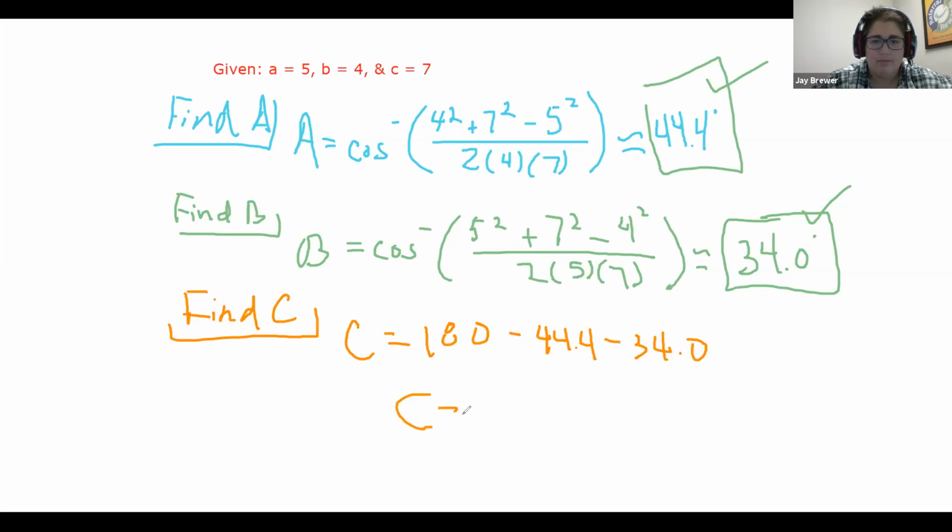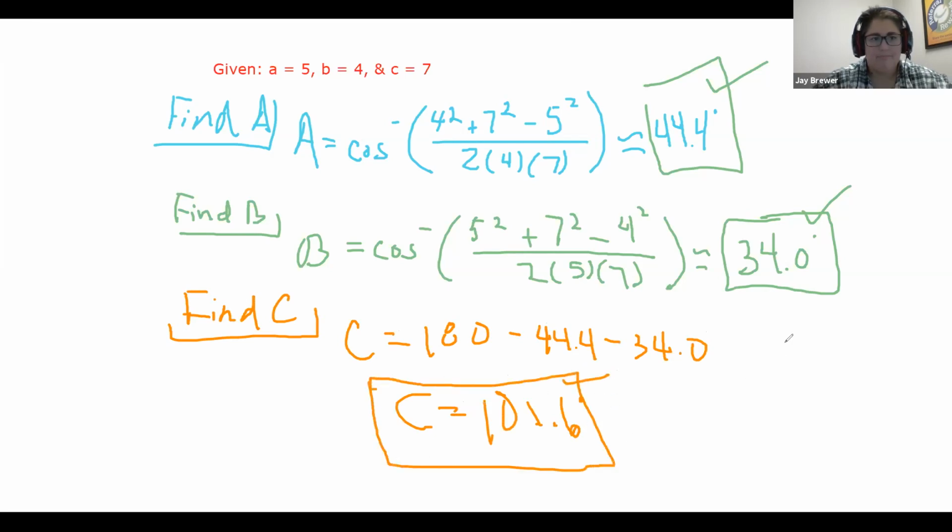And we're going to end up with big C equaling 101.6 degrees. Okay. Obviously, you can prove to yourself if that is correct by simply taking the 3 angles, adding them together, and seeing if you end up getting 180. Okay.